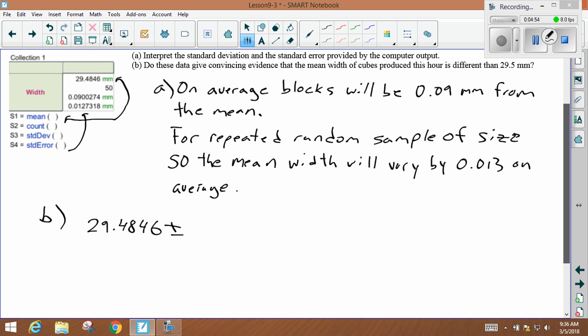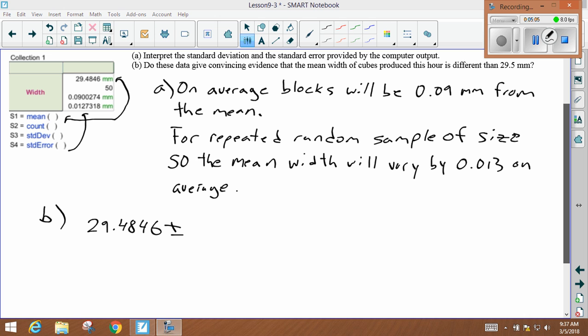Let's see. Do we want to do this at what confidence level? I want to look at a confidence interval anyways. So let's look at a 95% confidence interval, and this is going to tie into the next question.